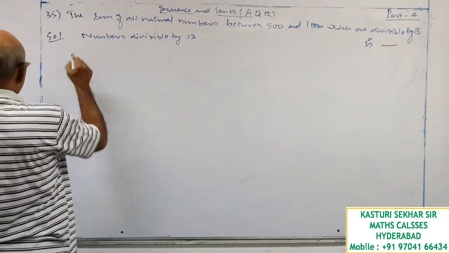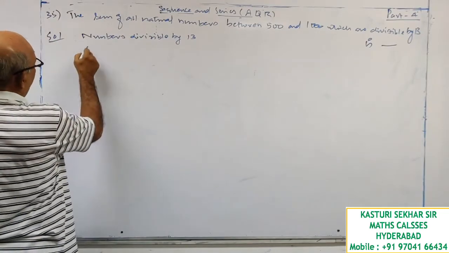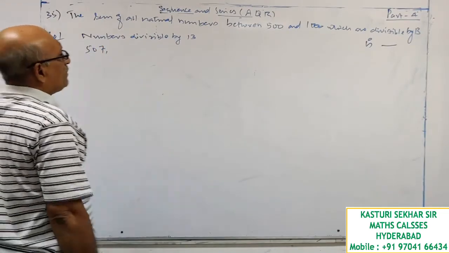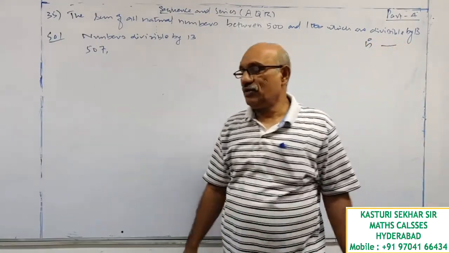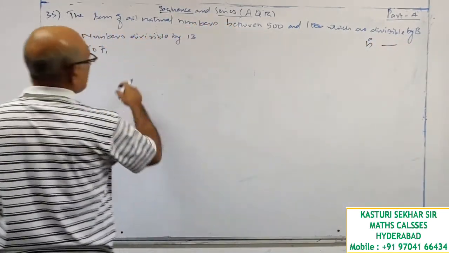So 507 is the first number which is divisible by 13.